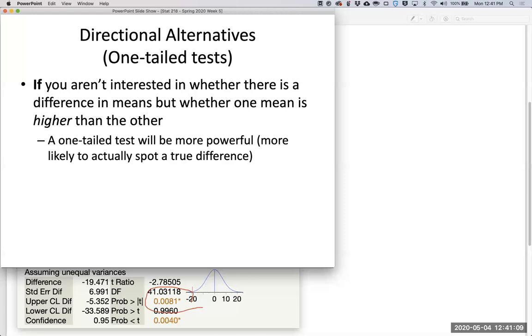For the one-tailed test, it's cut in half, 0.004. The p-value being lower means we're more likely to spot the alternative as true if the alternative is, in fact, true. Okay. More powerful. We're more likely to spot the truth.